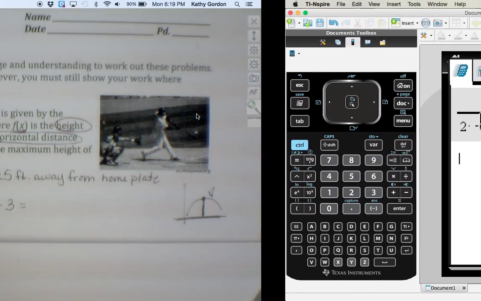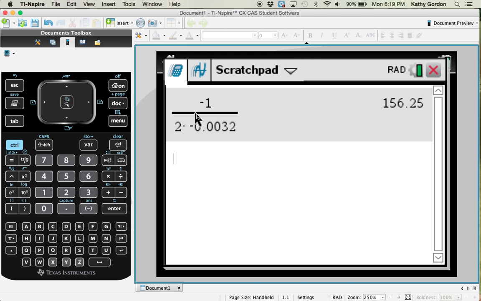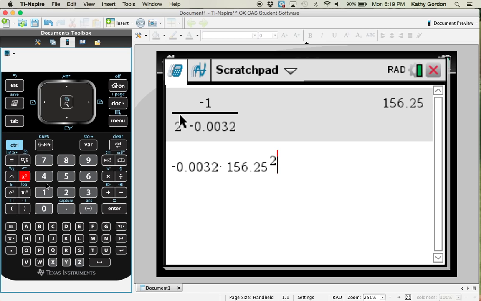Again, if we go back to our calculator for a quick calculation, we have negative 0.0032 times 156.25 quantity squared plus 156.25 plus 3.